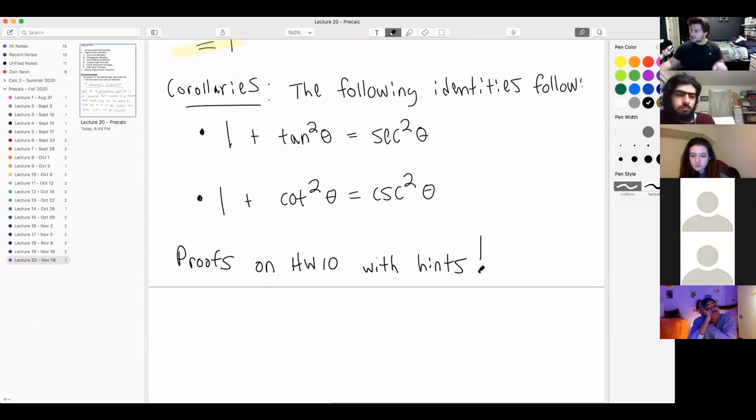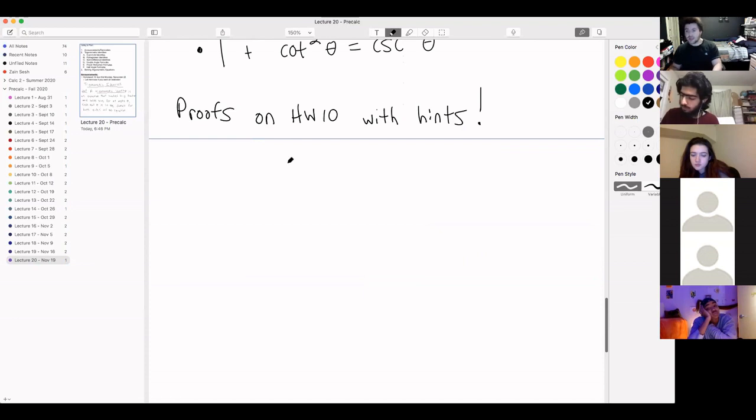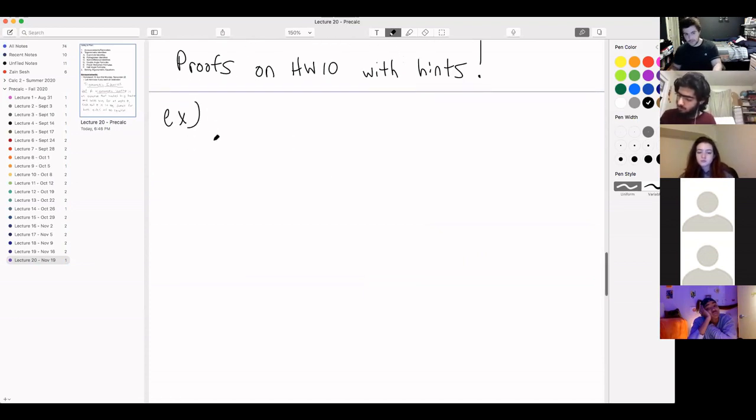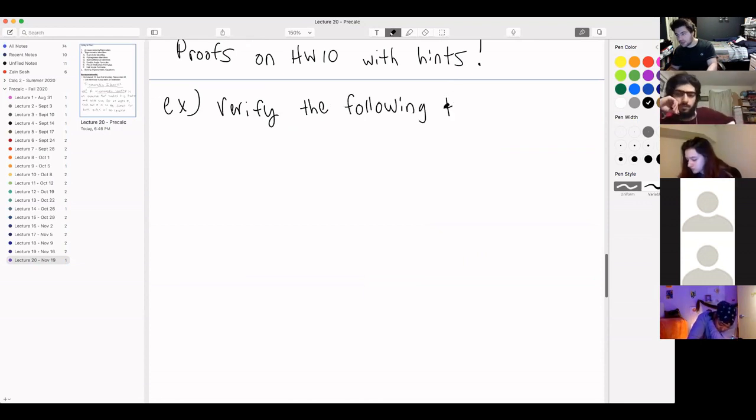All right, excellent. So let's now verify our first trig identity. So let's actually prove something. So example, verify the following trig identity.